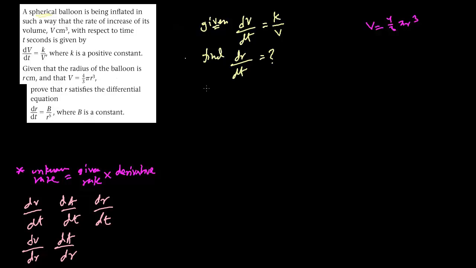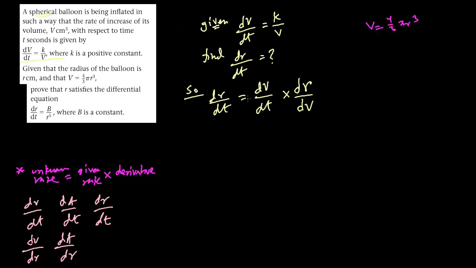So let's do this. First of all, unknown rate dr by dt equals given rate dV by dt, into the derivative. Now since we have to find dr by dt, we can write here dr by dV.